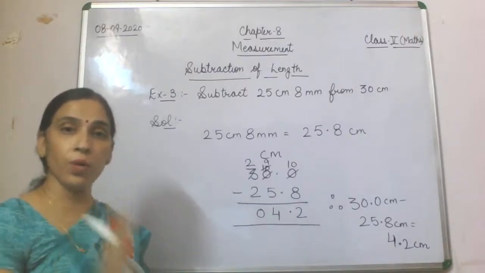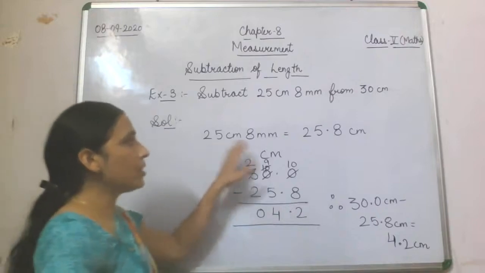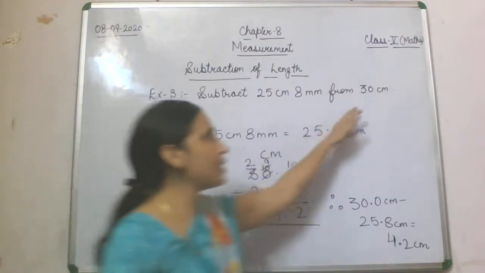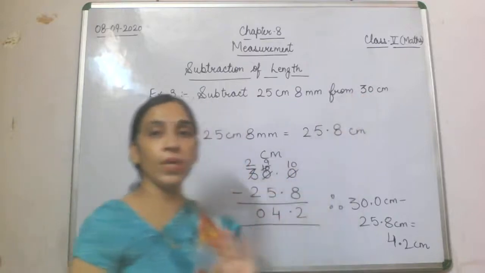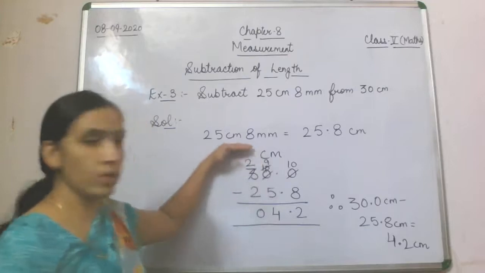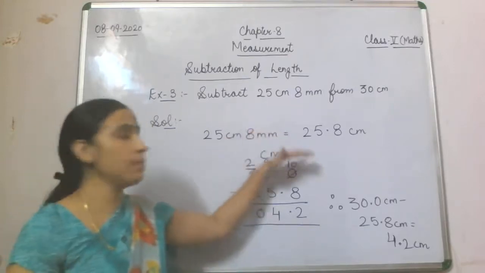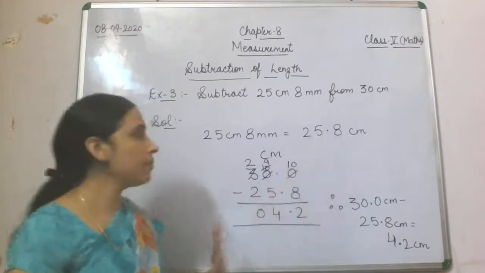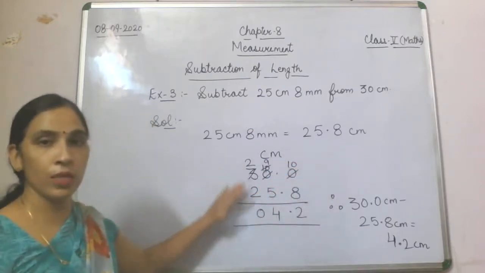In this question you have converted the given length into a single unit, that is 25.8 centimeter. Now this is already in centimeter, so we don't require to convert it. We are going to convert only this, because this is given in centimeter and millimeter, so that it will become 25.8 centimeter. Then we have to do the subtraction.